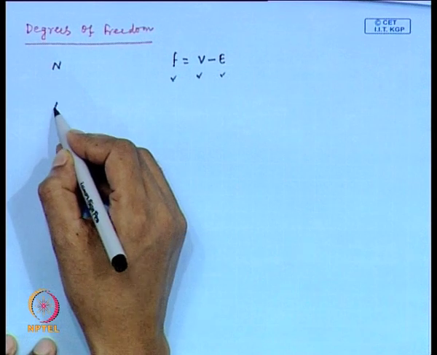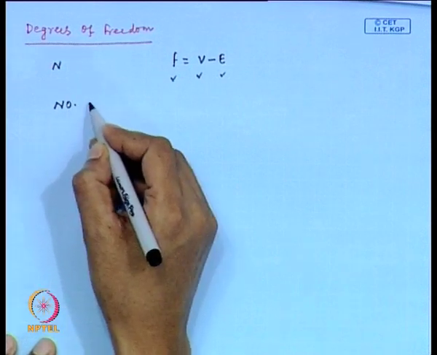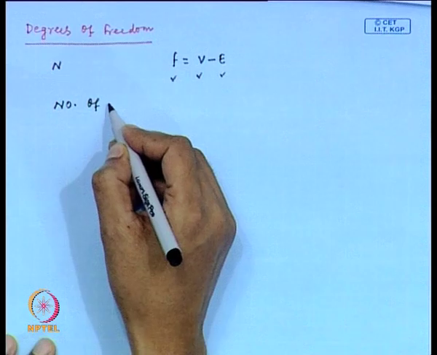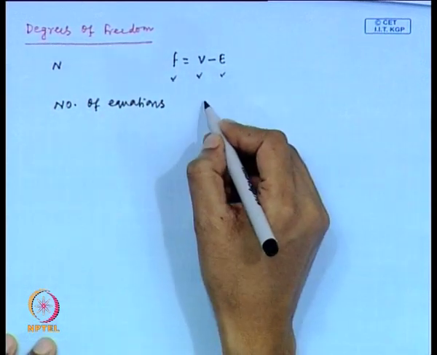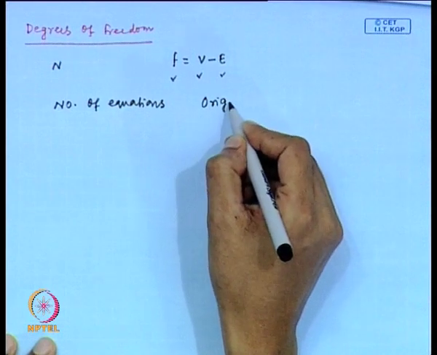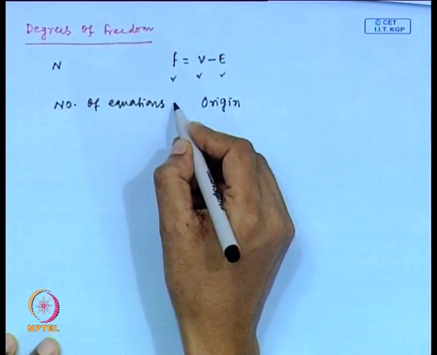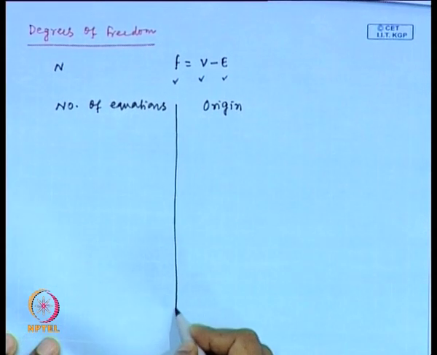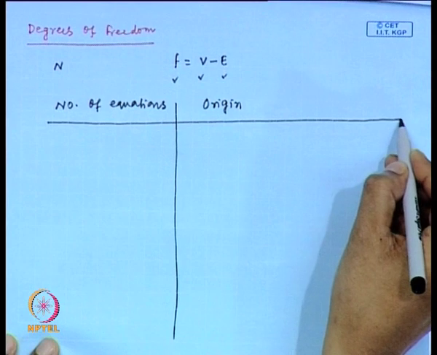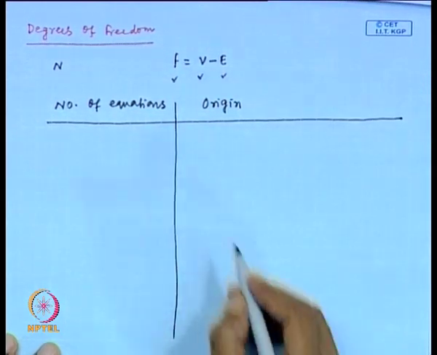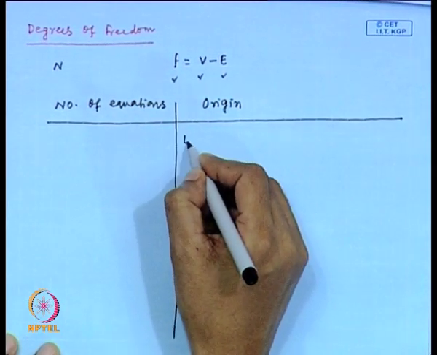So, first we will go for the number of equations calculations, number of equations and the origin of those equations. We will first discuss this part. So, first one is the equilibrium relationship.